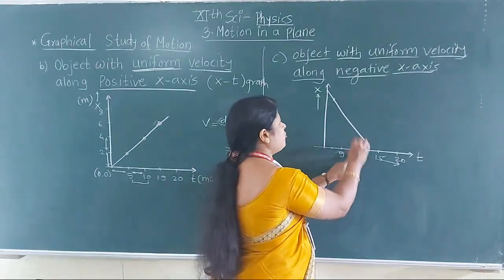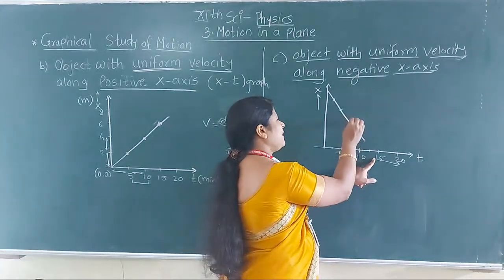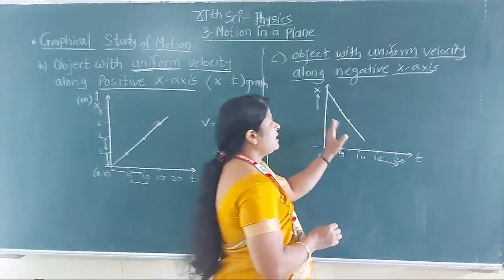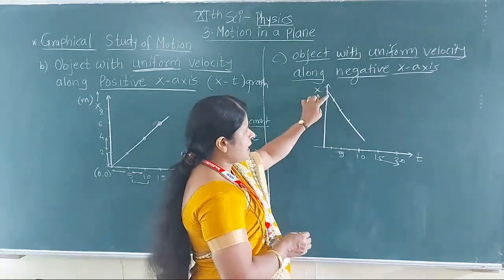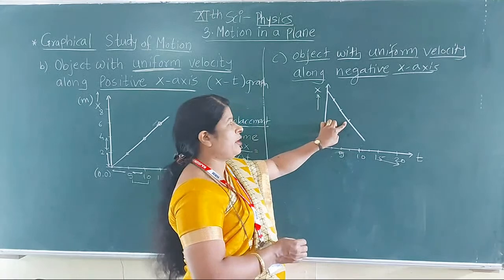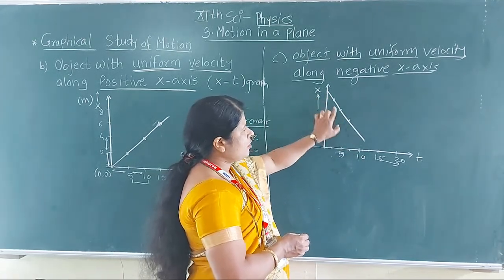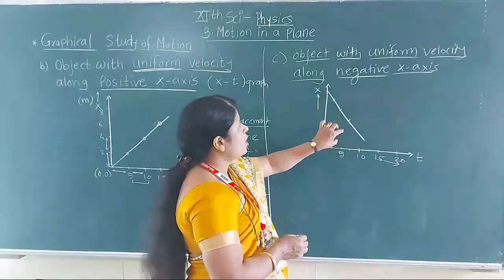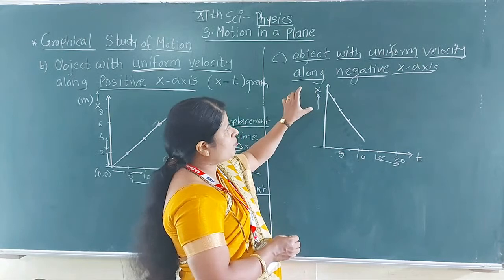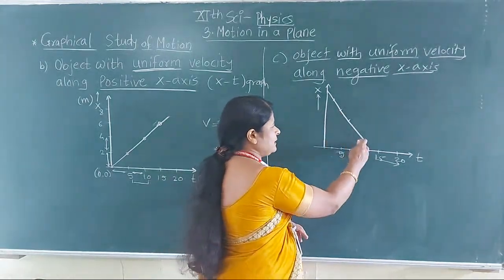For the next 5 minutes, it travels along the negative x-axis. For the next 15 minutes, it travels a further negative distance. If we join these points, we get a decreasing line of the motion of that object. So this is an object with a uniform velocity along the negative axis.